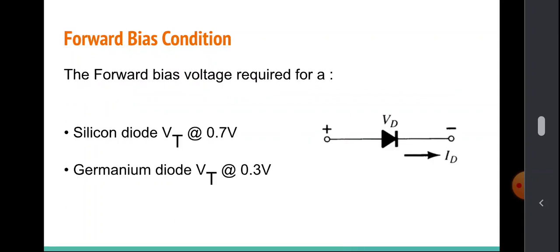But in the forward bias condition, the convention of the current is from positive to negative, and then the diode is identified, and we identify the material that is used in the diode. So in the silicon diode, the voltage is 0.7 volts, and when we use a germanium diode, the voltage is 0.3 volts.